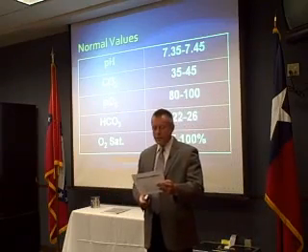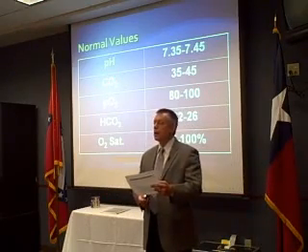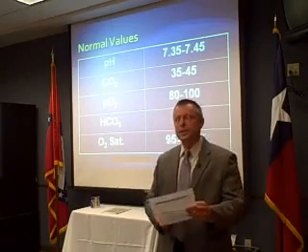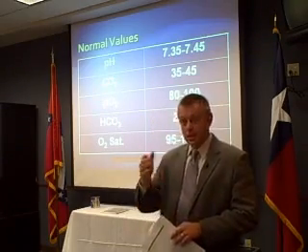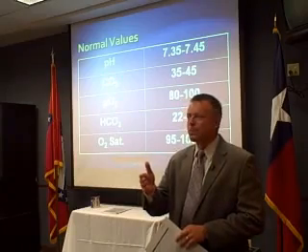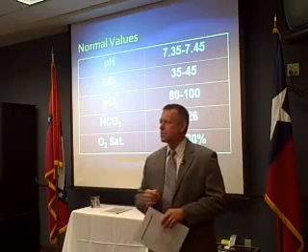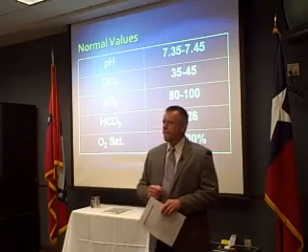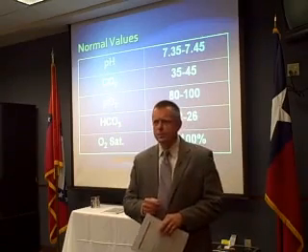Now okay, we didn't look at the PO2 and the O2 saturation. They are normal. Okay, so this patient here has a pretty severe metabolic acidosis. Now, as I mentioned, diarrhea can cause metabolic acidosis. But what else can cause metabolic acidosis? How about shock?